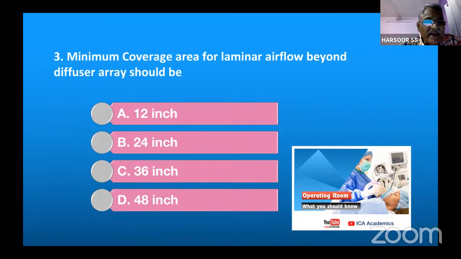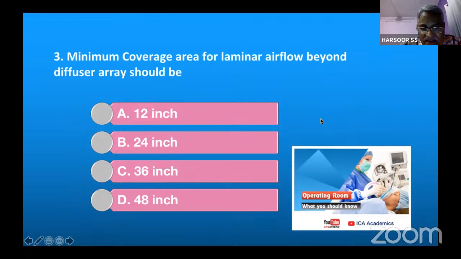Next one: the minimum coverage area of a laminar airflow beyond the diffuser array should be how much? It should be 12 inches, 24 inches, 36 inches or 48 inches. I know many people may not have been exposed to the laminar airflow system. He is going to clarify, but however, I expect the answer from the experts.